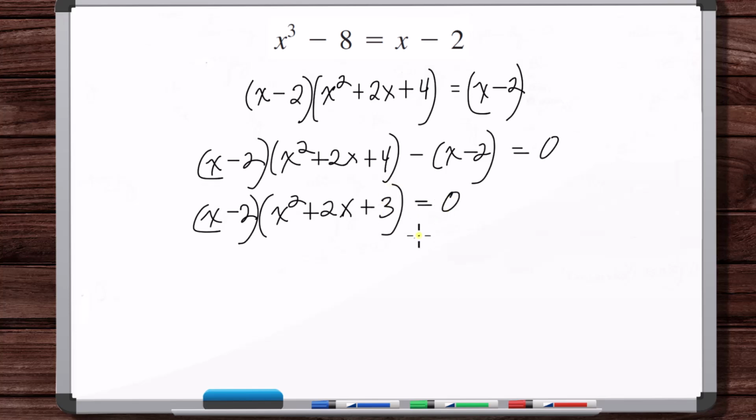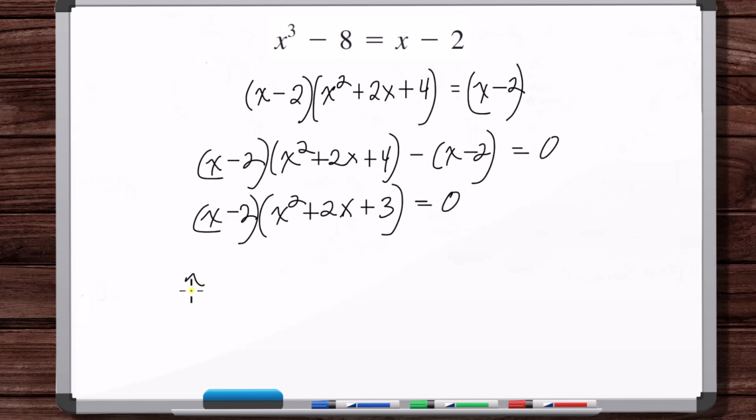So yeah, we could factor it that way. Okay, now it looks like we can still factor this here. So minus 3. No, it looks like we cannot factor that. So, okay, that's fine though.